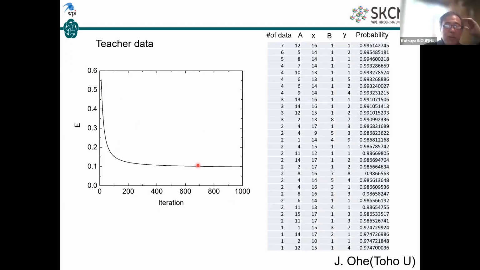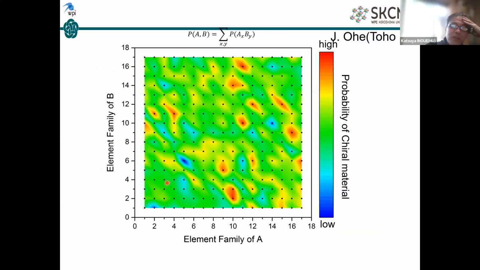Then we did this one. This is the group number of the periodic table, and this is an AB type crystal.